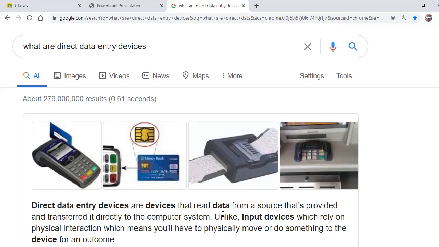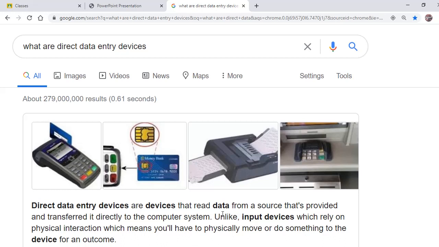Meaning, we're having two types of input devices. So, what are input devices? Do you remember? Input devices are hardware that you're using to communicate with your computer, such as keyboard, mouse, scanner, touch screen. All of those are input devices because you need them to input data inside your computer.